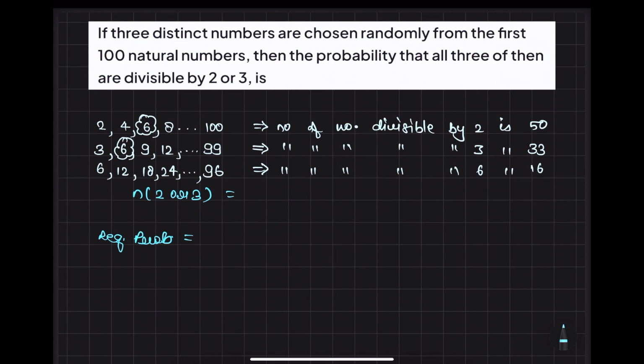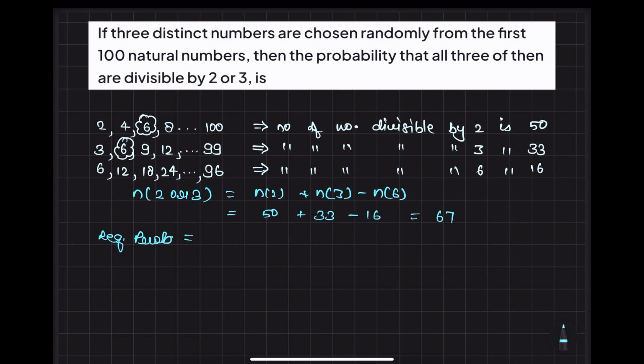That is n of A plus n of B minus n of A and B, remember? So that is n of 2 plus n of 3 minus n of 6. n of 2 means what? 50. n of 3 is what? 33. n of 6 is what? 16. So we have 83 minus 16, this is 67.